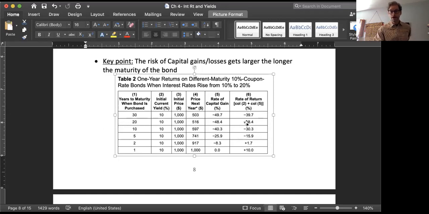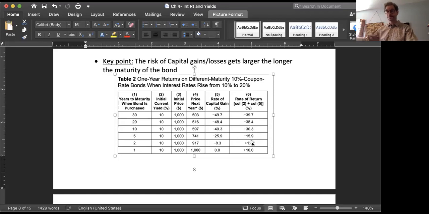Notice here, though, what happens to that interest rate risk? It gets smaller as the maturity goes down. Why? Because you're going to get a smaller change in the price from any change in the yield. So let me say this again. For a long-term bond of 30 years, what happens if the yield changes?